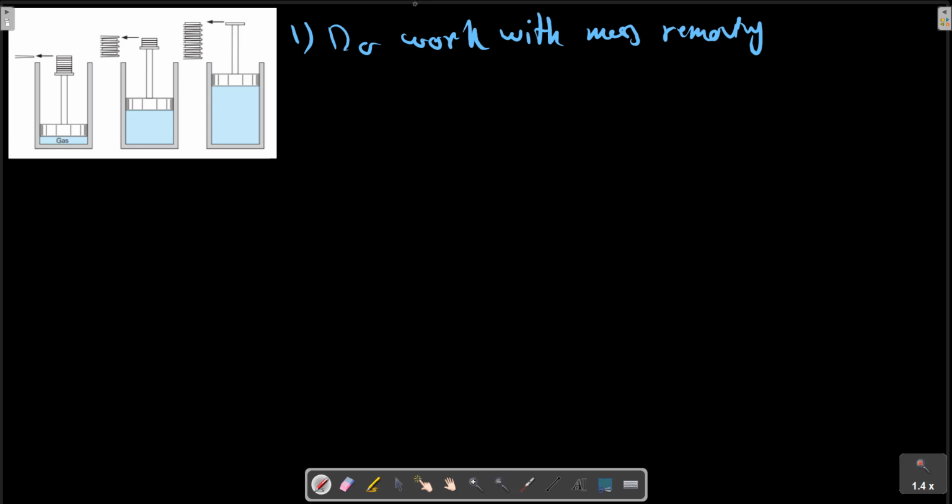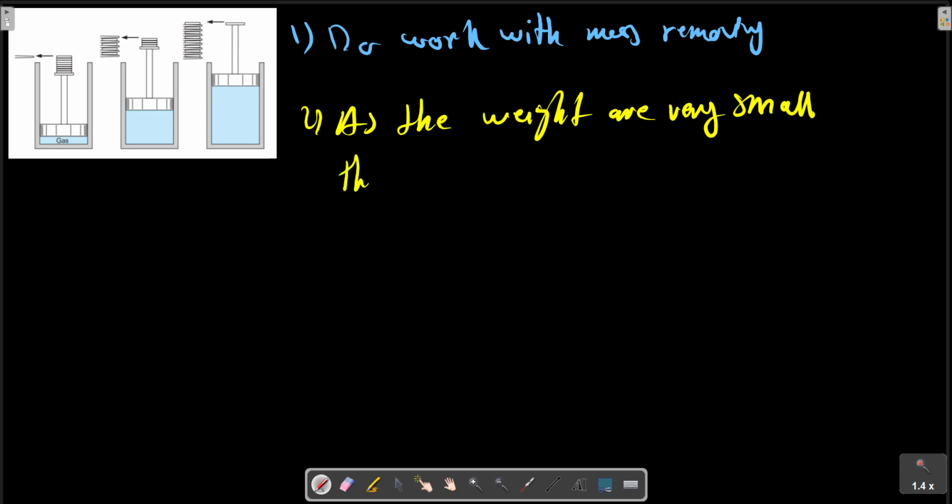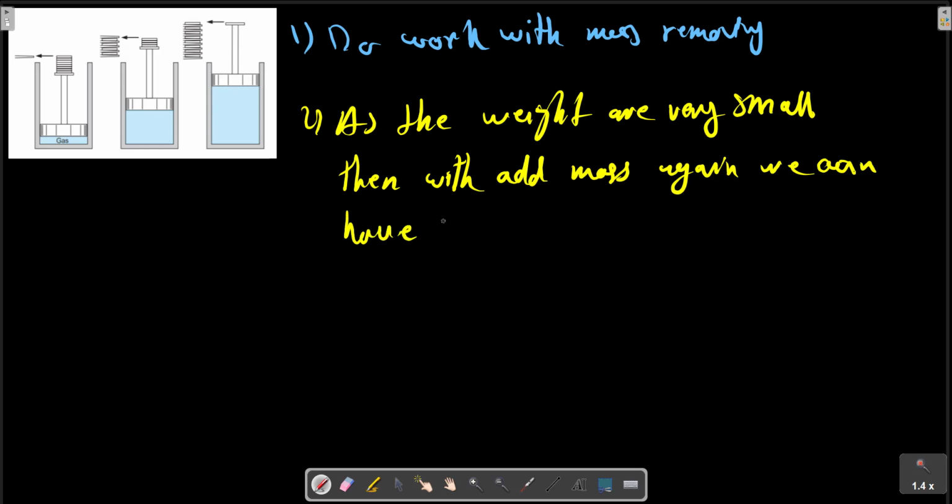In the limit, therefore, as the weights become very small, the reverse process can be accomplished by adding the mass back again. Such a process is reversible because there is no change in the surroundings and the system.